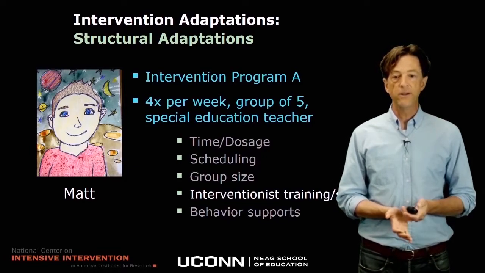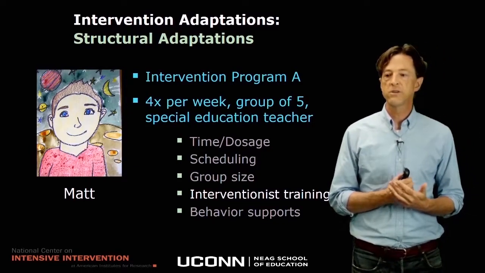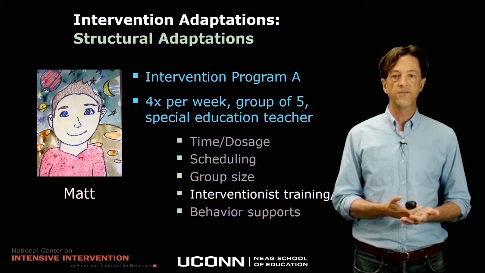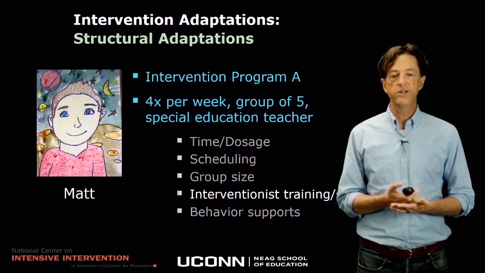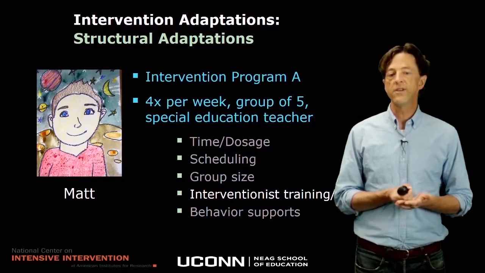We can also think about interventionist training or support. So we want to have the highest quality, most trained interventionists working with the kids that have the most significant needs. So maybe in Matt's school the special education teacher that's providing this intervention isn't the person that's the most highly trained on this intervention.